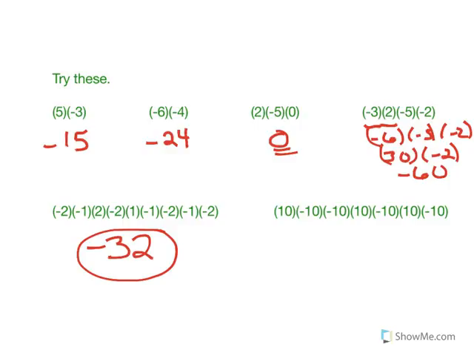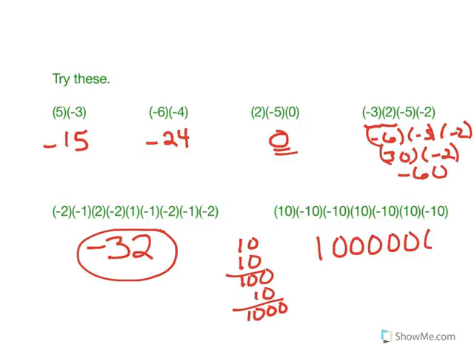Now here, 10 times 10 is 100. And 100 times 10 is 1,000. So we're going to have 1 with a whole bunch of zeros. We're going to have 7 zeros. Oops, I can't count today.